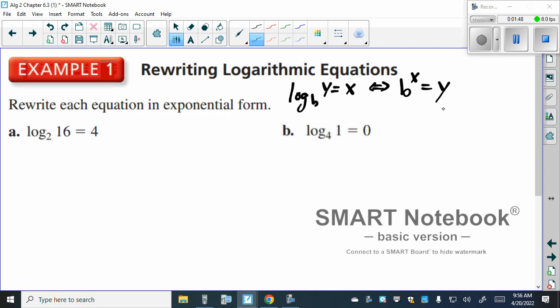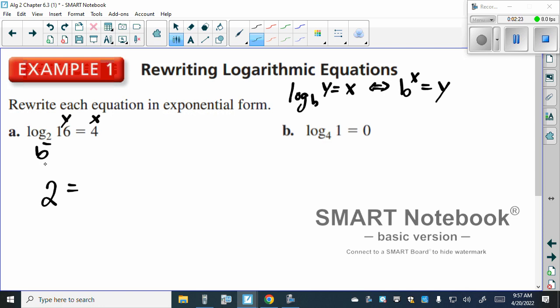Now looking at the first one here, the base, our value of b for this first one here is what? 2. Inside is y, so our y value in this case is 16, and the x is 4, and our b is 2. So log base b of y is equal to x is the same as b to the x is equal to y. So we have our base of 2.